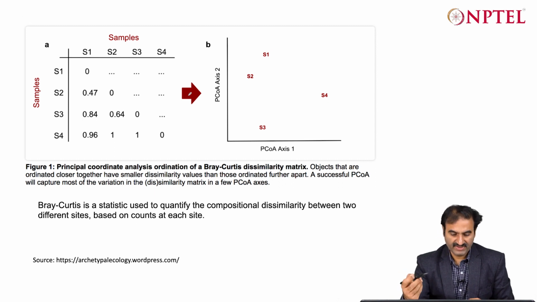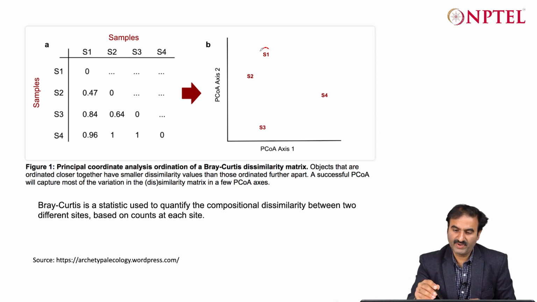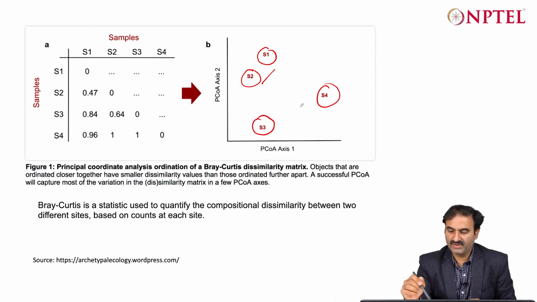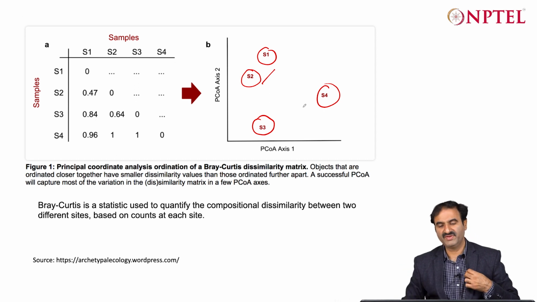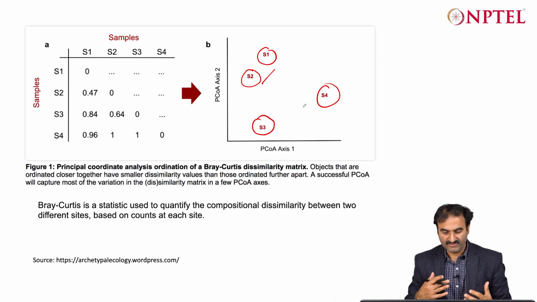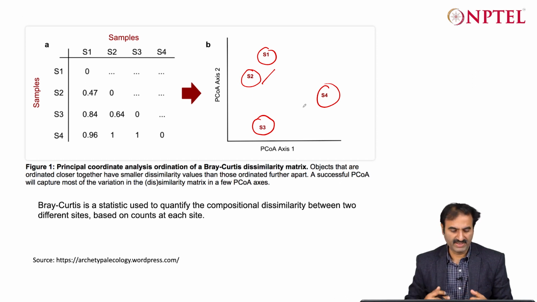Using the Bray-Curtis metric, which evaluates the compositional dissimilarity between two sites based on the counts at each site, you can see that samples S1, S2, S3, S4 are separate from each other, where these two are relatively closer as compared to 3 and 4. So it is trying to explain the similarity and dissimilarity between the samples.